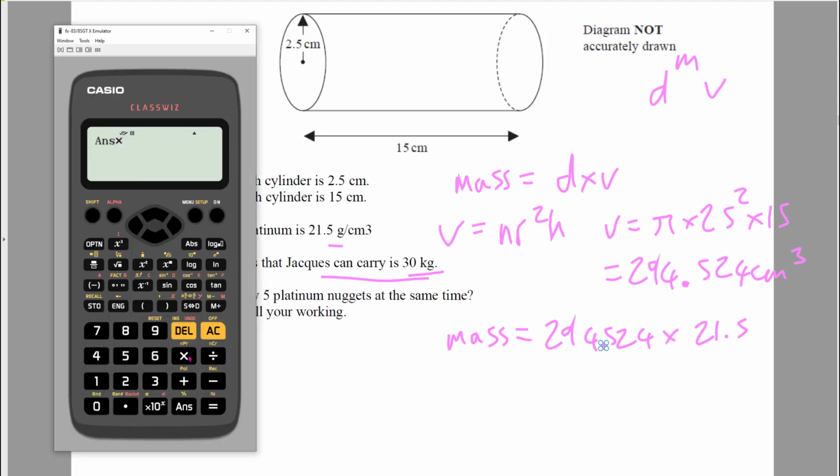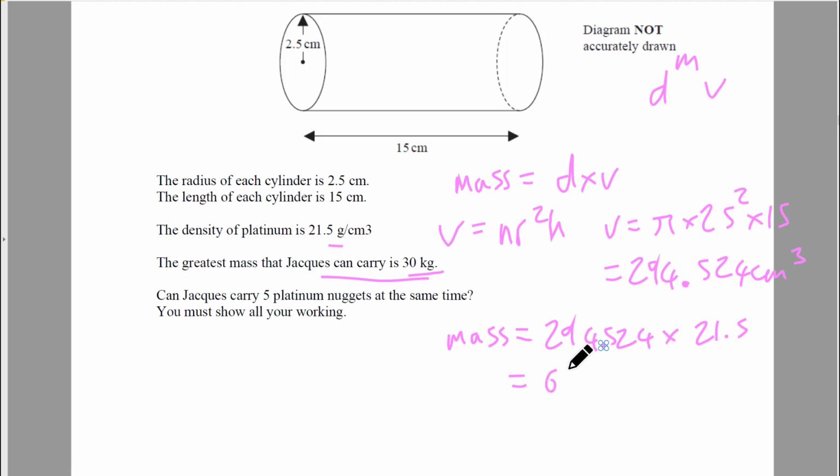Now I can just use that last answer times 21.5. Let's just round it up. That's 6332.27. So that's in grams, right?